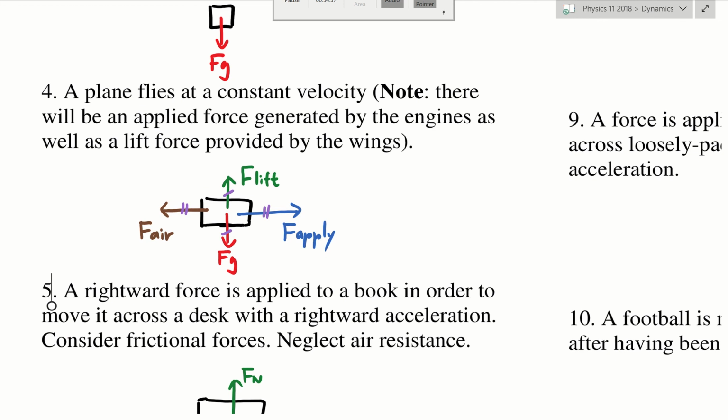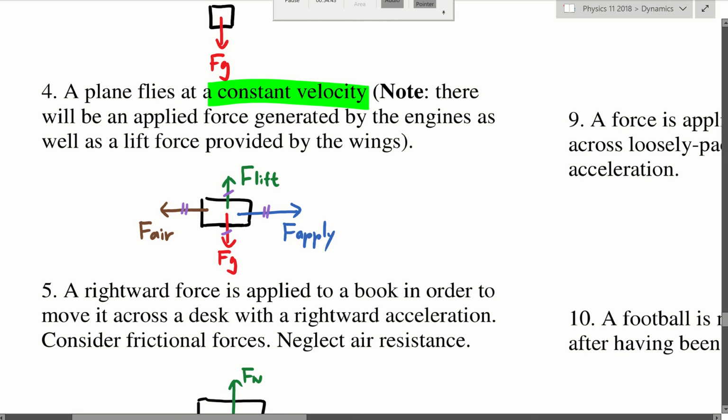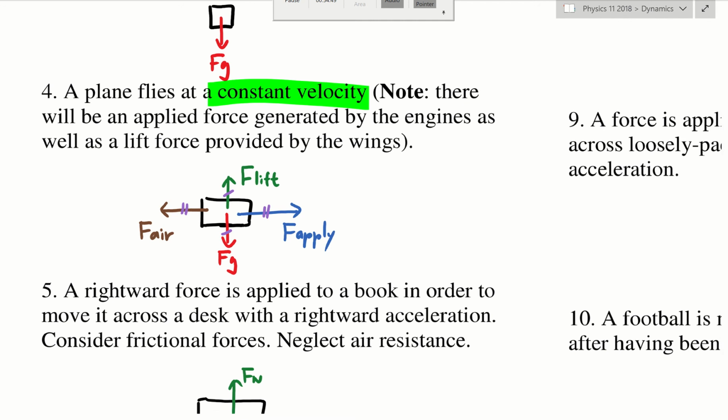Next one. A plane is flying at constant speed. That means all the forces are balanced, right? At the moment they mention constant velocity, you just have to know that every force is balanced. All the forces in y balance and all the forces in x balance. So you have an applied force generated by the engine. I've put it forward, which is of course balanced by air resistance going backwards. And then we have gravity.